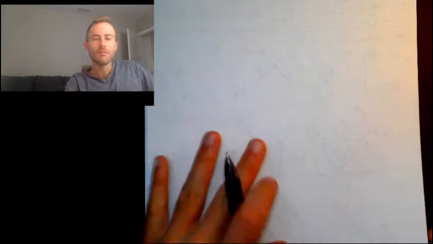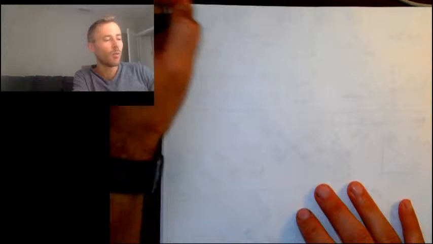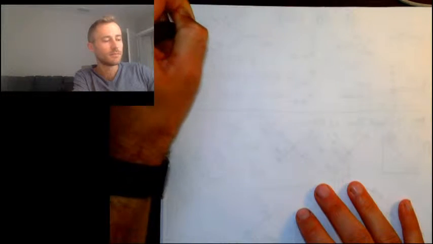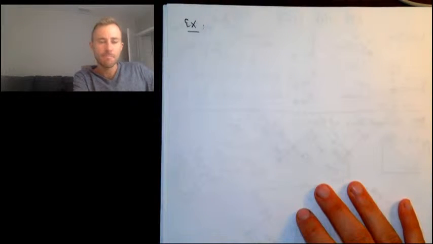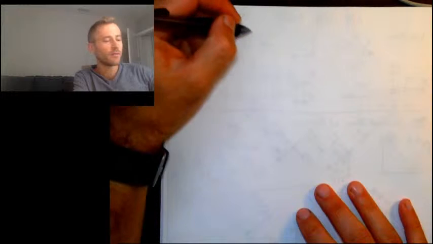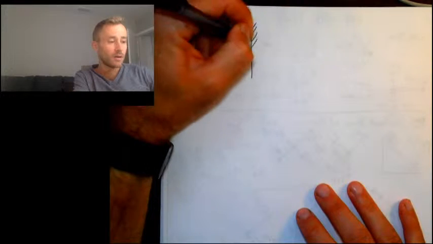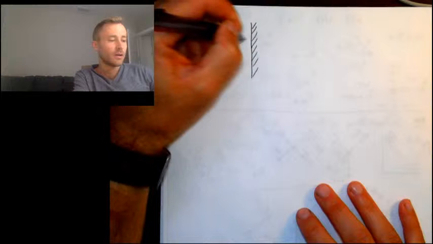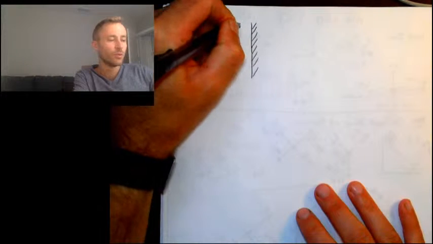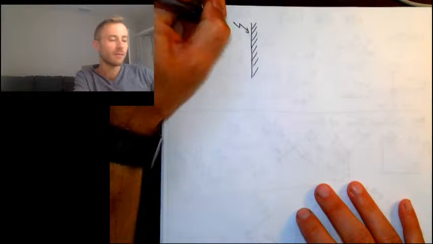We're going to do 2 more problems. The first problem I want to consider is a wall. Suppose we have a wall this time. The wall is smooth, aka frictionless.